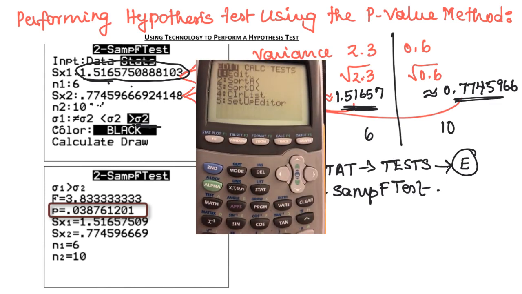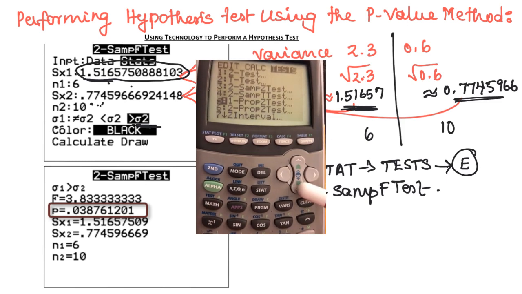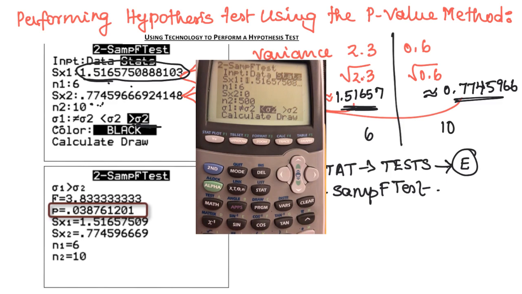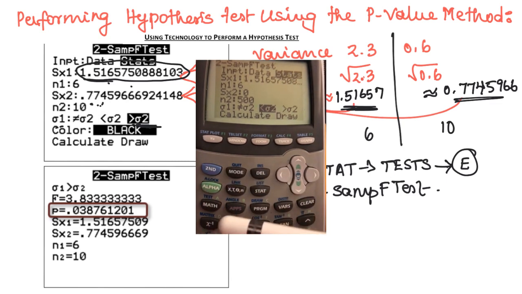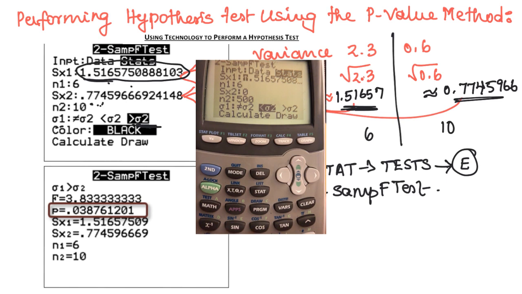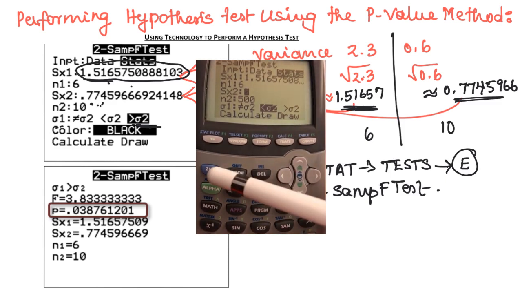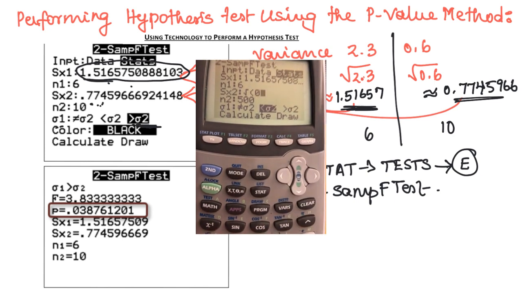So first press stat, test, option E, 2-sample F test, press enter, and input stats: S1, that is the standard deviation, so square root of 2.3, and N1 is 6, then square root of 0.6, then N2 is 10.